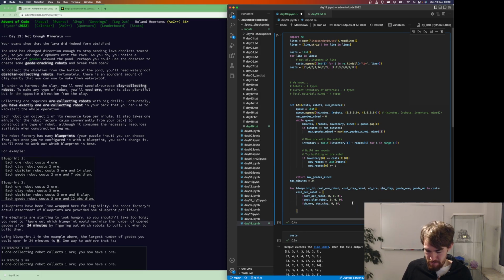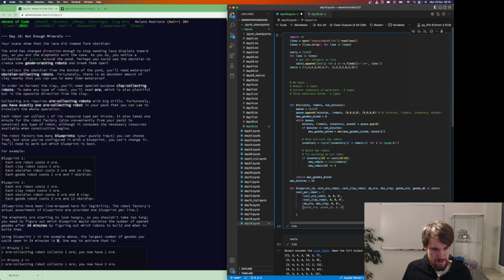Forgot one S. And then the geode robot costs geode, ore, obsidian, and nothing costs ore. Perfect.